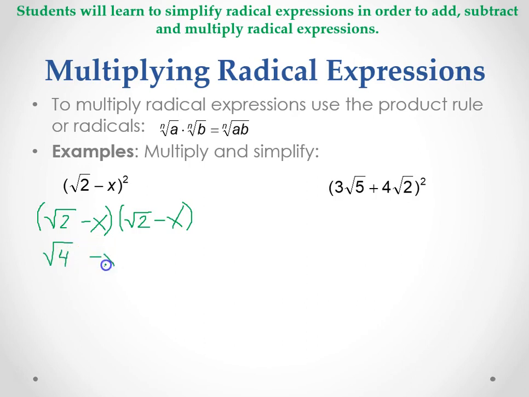Minus x square roots of 2, minus x square roots of 2, plus x squared. So when we combine like terms, the square root of 4 is 2 minus 2x square roots of 2 plus x squared.